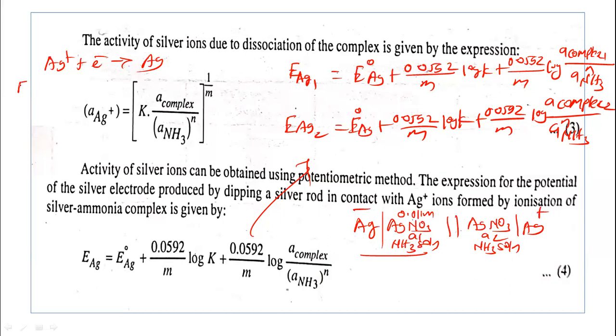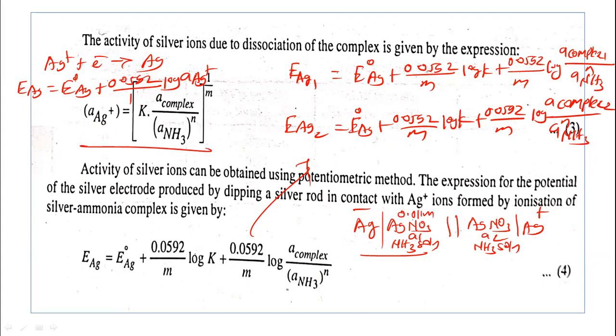The electrode potential of the silver electrode is equal to the standard potential of the silver electrode, and then by solving we get this equation: plus 0.0592 divided by 1, since n equals 1. According to the Nernst equation, we can write this as log of the activity of the silver ions. This is the derivation for the silver electrode, and we know what the activity of the silver ion is. The activity of the silver ion will be this.